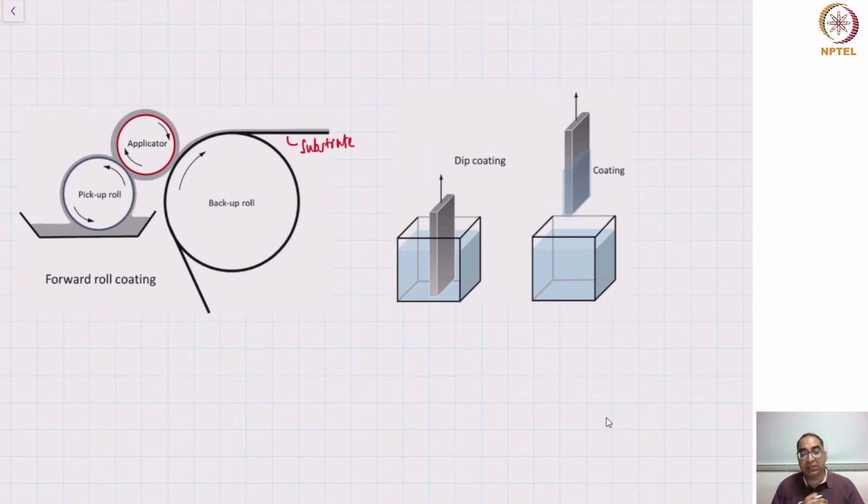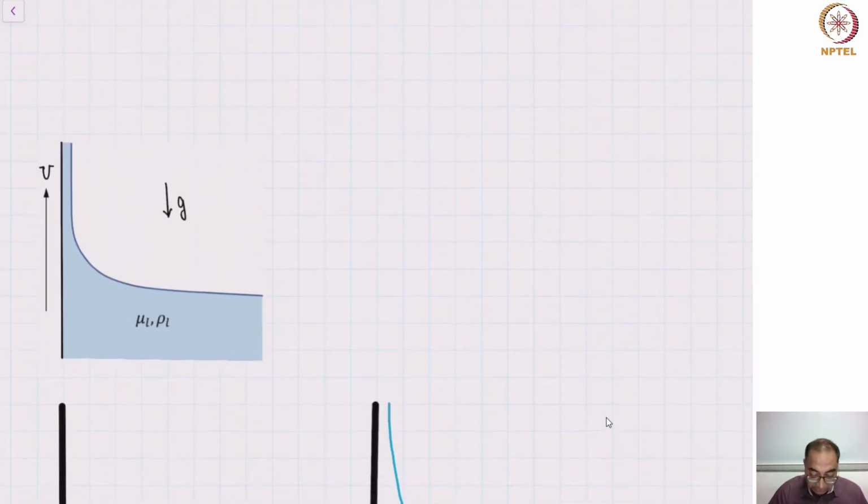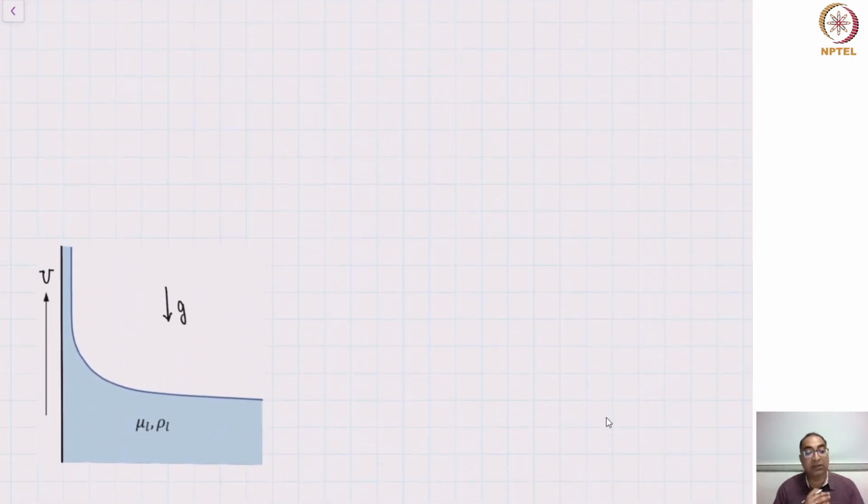Another process is what is called the dip coating process. In dip coating, as the name suggests, you dip the substrate into a reservoir of liquid, and then you pull it up at a constant speed, and in this process you would get a coating onto the substrate. The dip coating process is shown schematically here, in two dimensions.